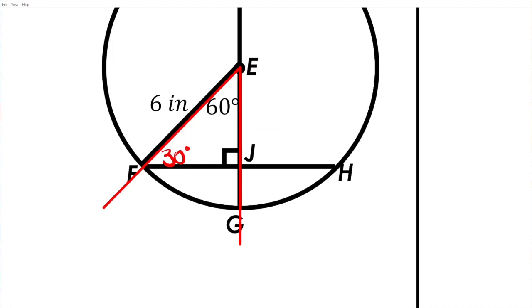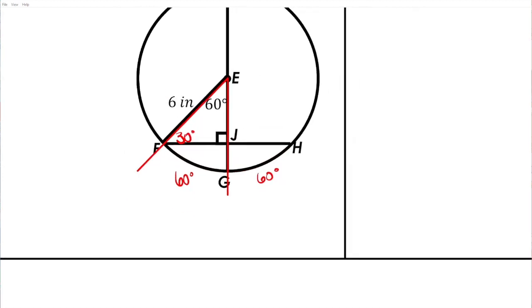They are the same. So if the central angle is 60, the arc is 60. Since it is perpendicular, if this arc is 60, GH also has to be 60. We will for the side lengths, but not for the angles. So the measure of FH is 120.